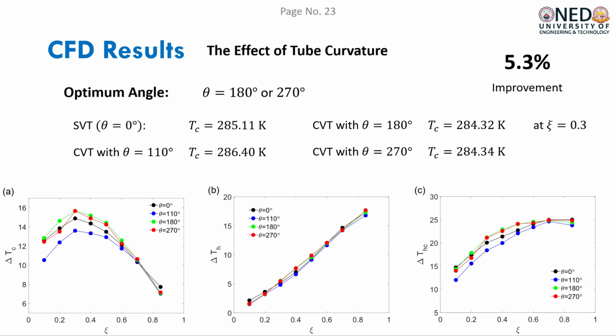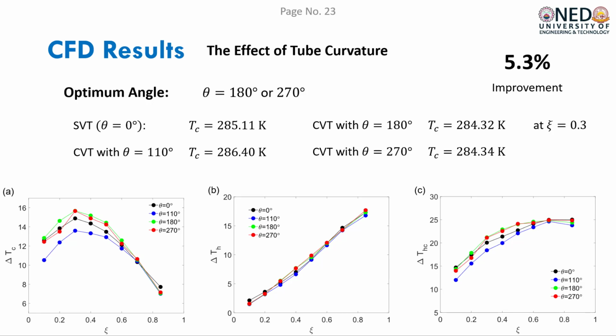The present simulation presents some promising results in which temperature differences increase in the 180 degree and 270 degree curved vortex tubes as compared to straight vortex tube and 110 degree curved vortex tube.